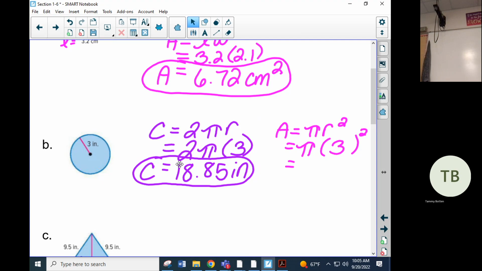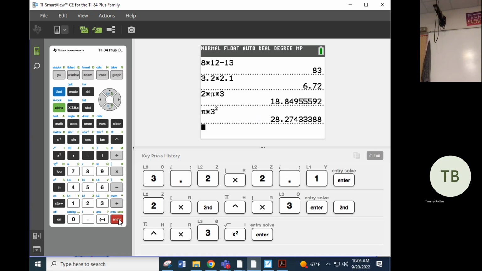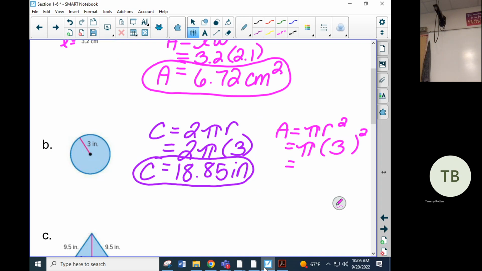You don't have to hit shift if you're using this calculator. So we are going to go pi times 3 squared. So I just do second up arrow times 3 and then the x squared key right there. Enter, and it would be 28.27. And here your units are squared.